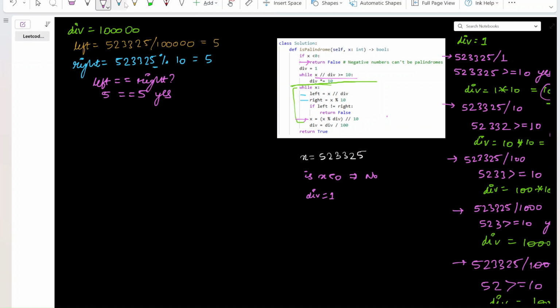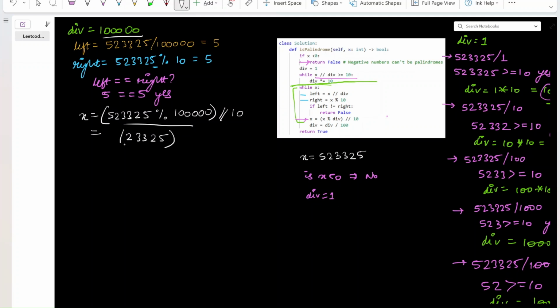So now our x would be equal to x, which is 523325 % our div, and div is 100,000, divide by 10. So this inner part would come down to 23325, and then we have division by 10.